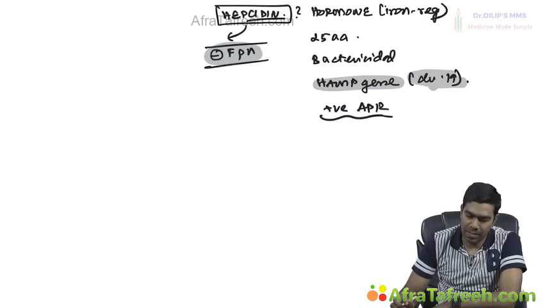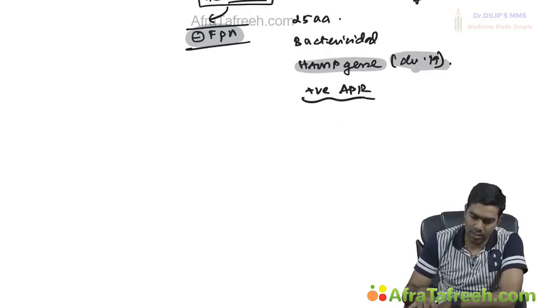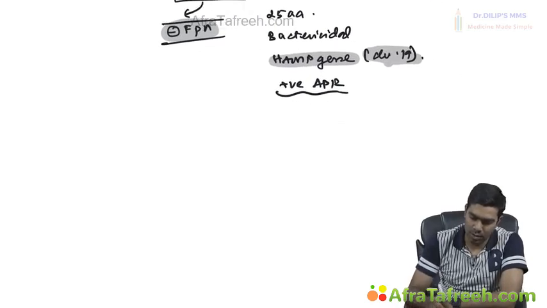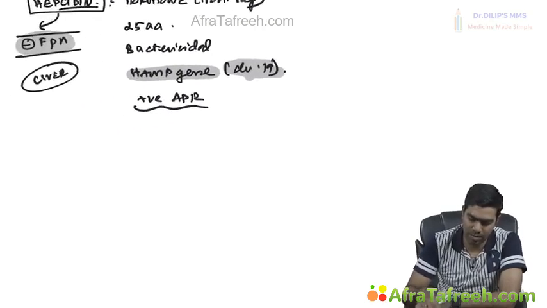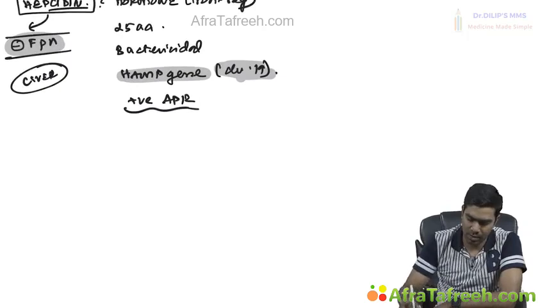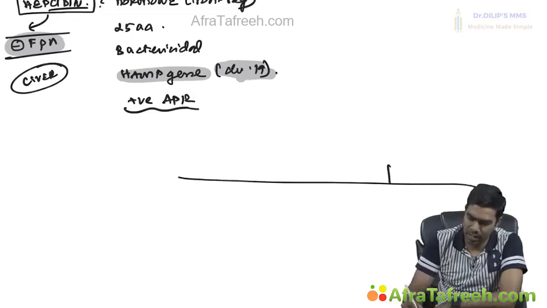So how hepcidin works is very simple. Hepcidin is principally synthesized by the liver. So I can put a hepatocyte here. In the hepatocyte, there are two things.